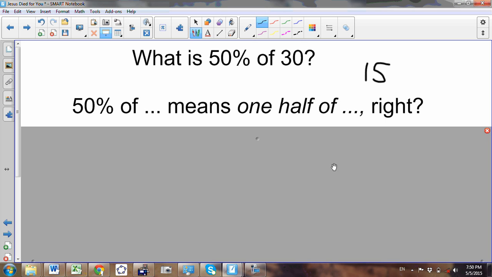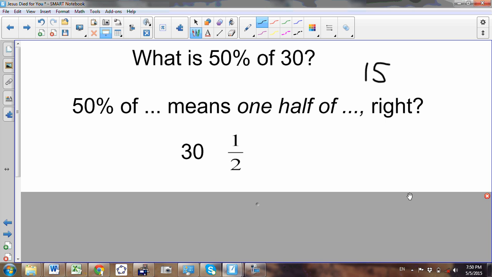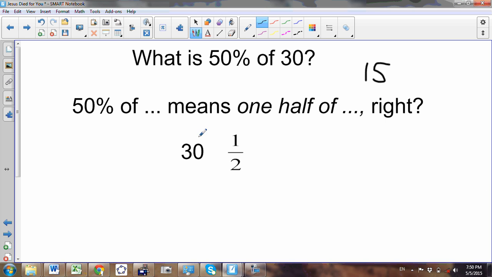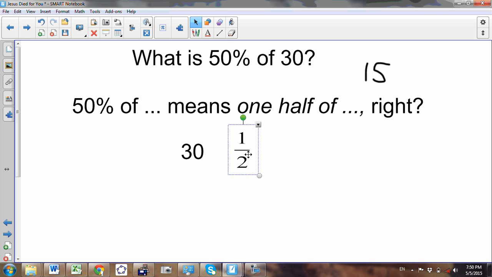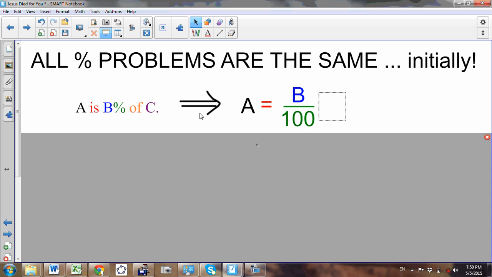Okay, so the number we're talking about is 15. Well, if you have the numbers 30 and 1/2, or 50%, remember this is the same thing as 50%. But remember, over here we've written B percent as B divided by 100, or B 100ths. We've written this percent as a fraction.